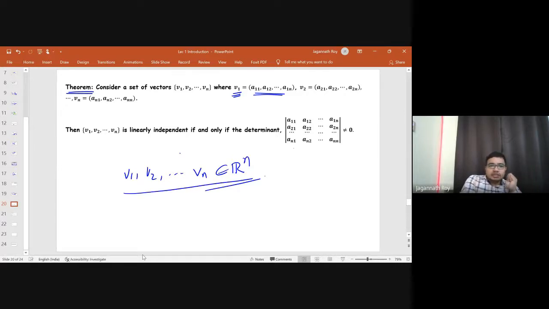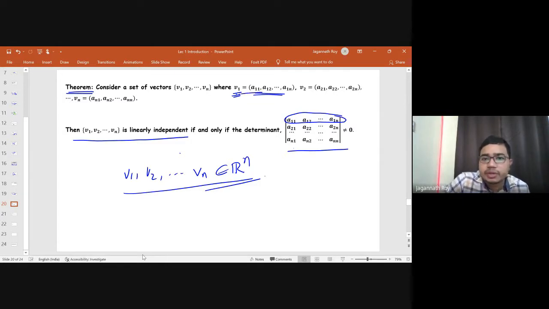Then this theorem says that they are linearly independent if the determinant is non-zero. How do we write it? Write the vector P1 as the first row of the determinant, and the vector P2 as the second row of the matrix, and then take the determinant.